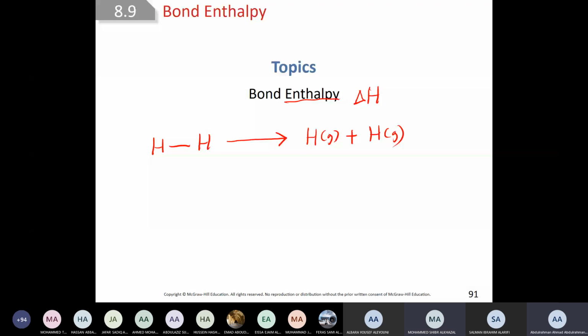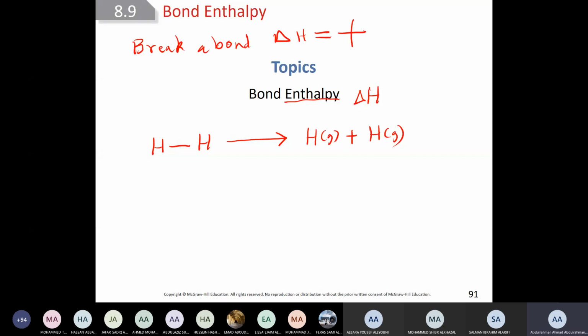Exactly. So you took this bond and you broke it. Now, whenever you break a bond, delta H must be big positive.